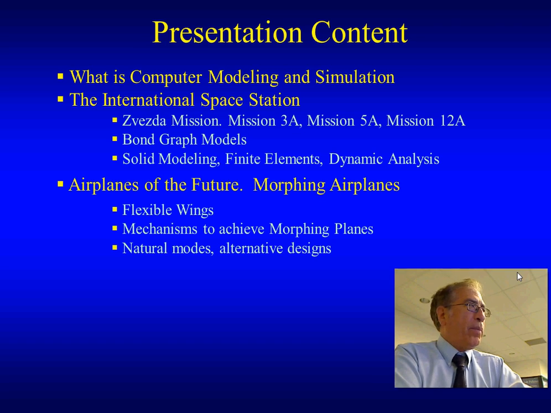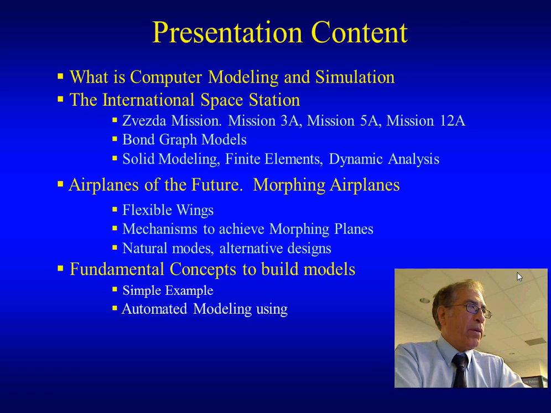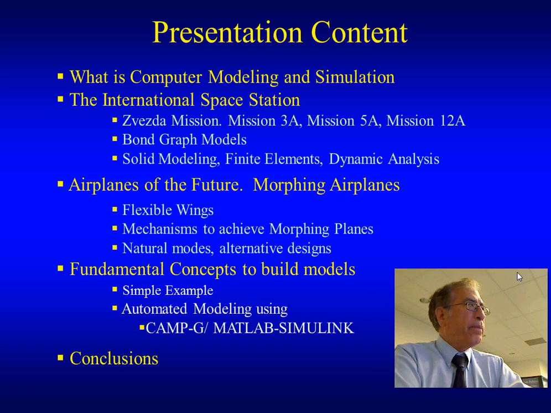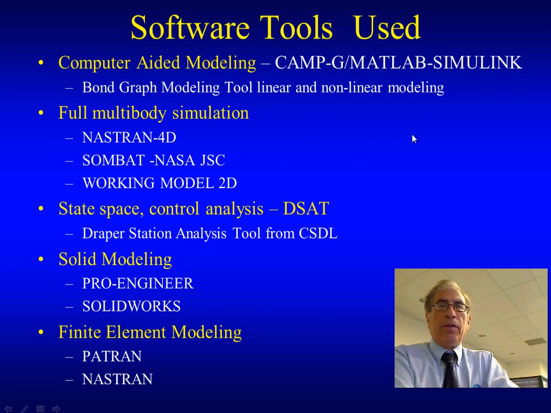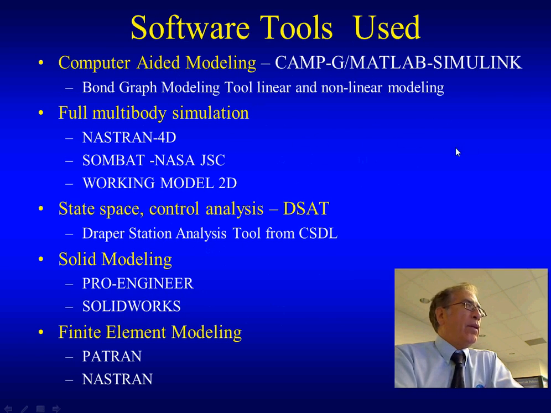how we do the airplanes of the future, the concept on how to build models, how we use them to produce models for the International Space Station. There are several software tools that we use in here. We look at SCAMG, MATLAB, and Simulink.